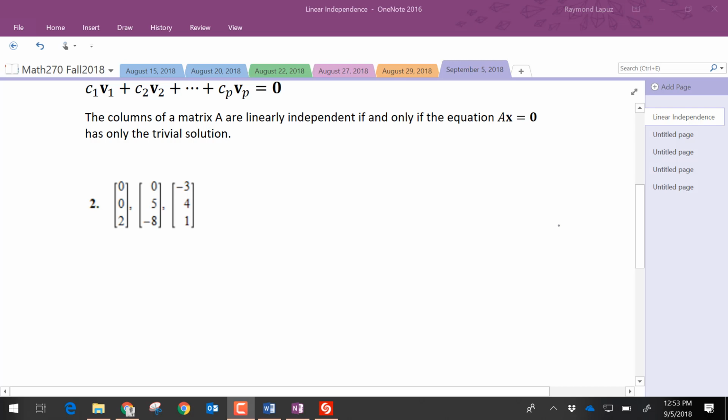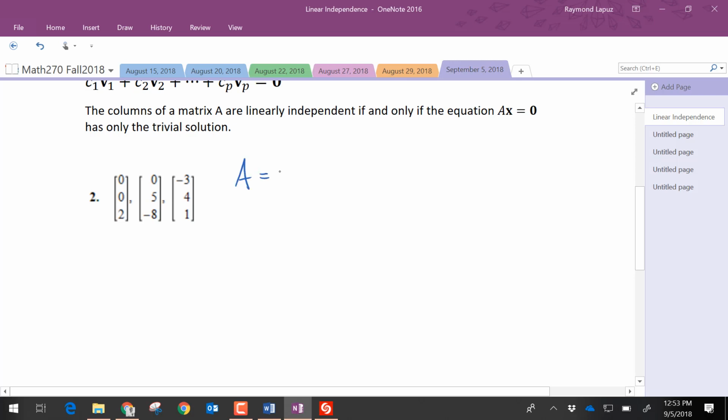And what we'll do here is we'll make a matrix out of these as if they were column vectors. So let's let A equal to the matrix 0, 0, 2, 0, 5, negative 8, minus 3, 4, 1.